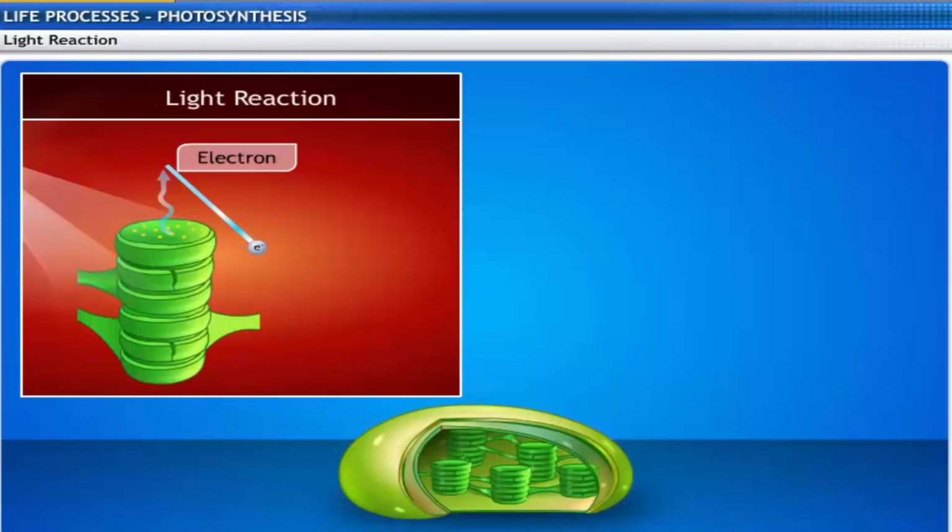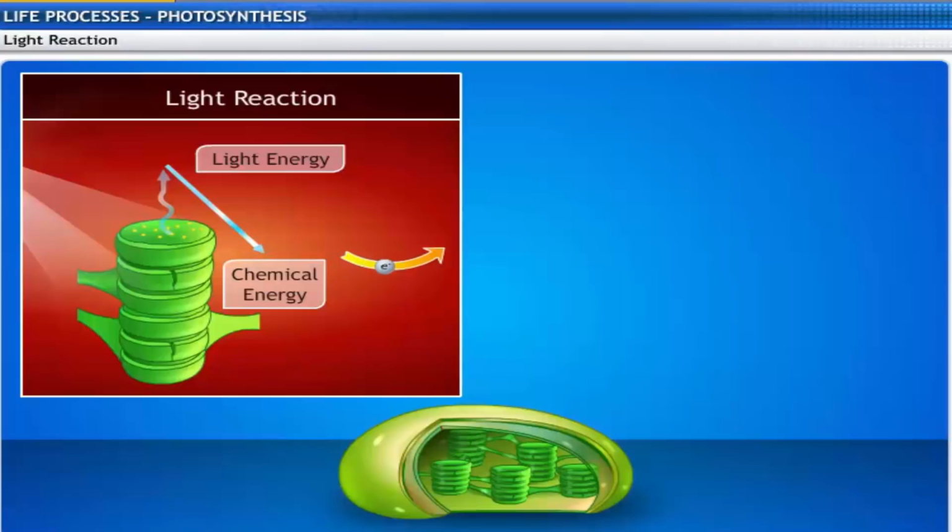This excited electron converts light energy into chemical energy, and this chemical energy is stored as ATP and NADPH. Thus, light reaction produces the energy source ATP and NADPH, but not the food.